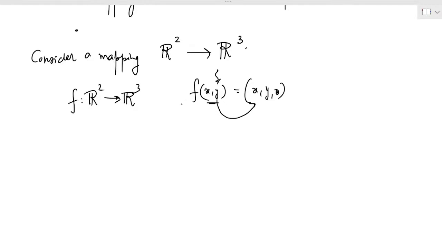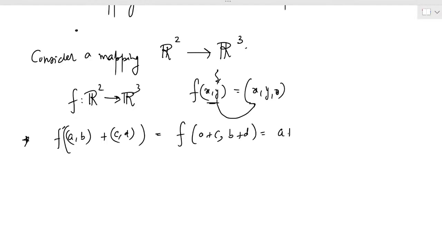Is that clear? Now just consider two of the things that I'm writing. Just try to find what would be f of (a, b) plus (c, d). It will be equal to f of (a+c, b+d), and it would be equal to (a+c, b+d, 0).